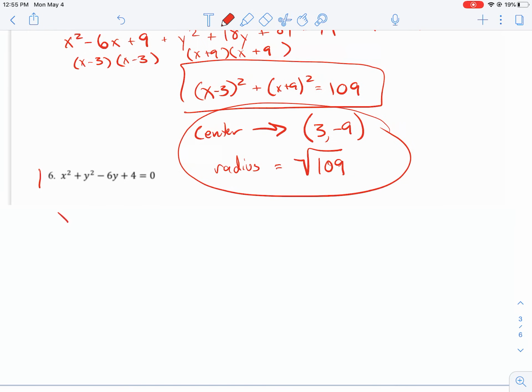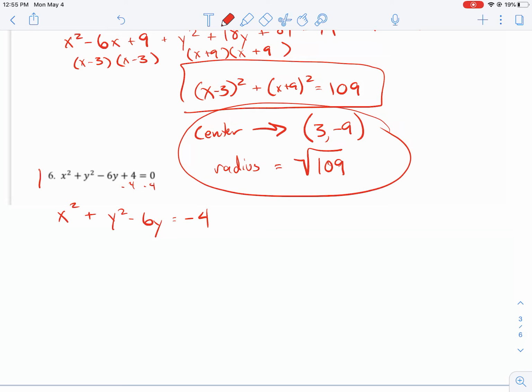So let me put the x's with the x's, which I already have. The y's with the y's, which I already have. And then the only thing I got to do is subtract 4 and get that on the other side. Okay, so the tricky part about this one is if you notice, there's nothing that's going with the x's.